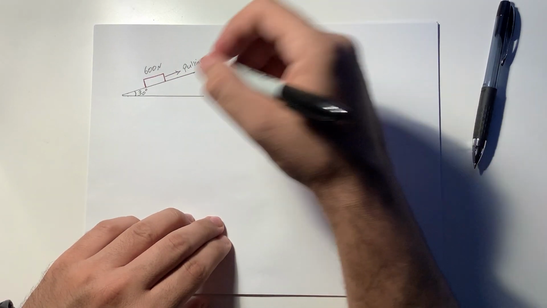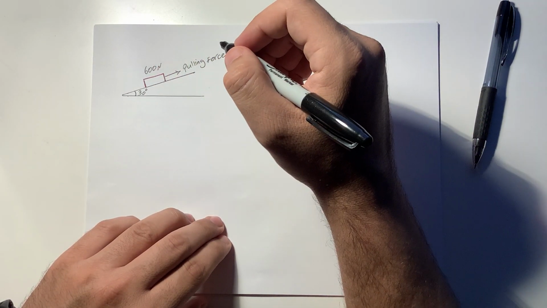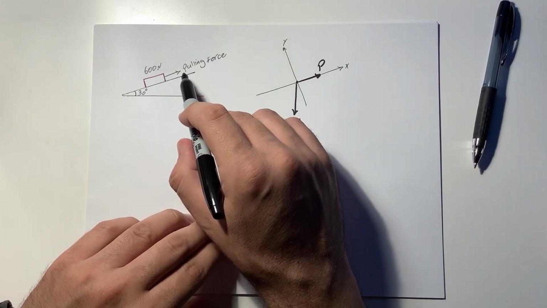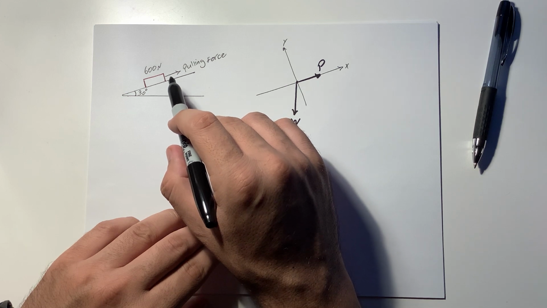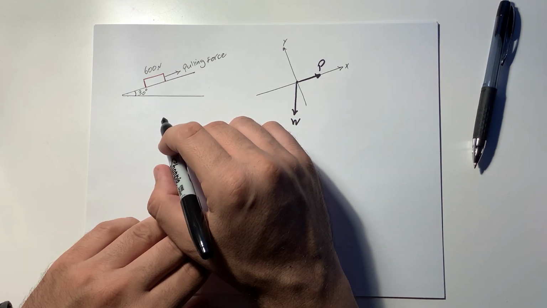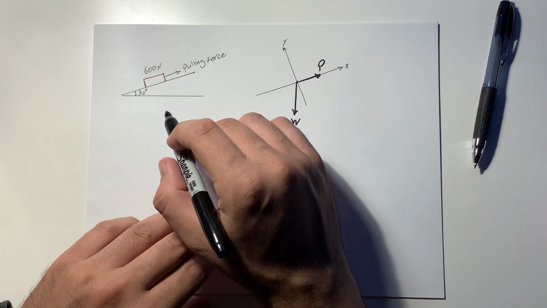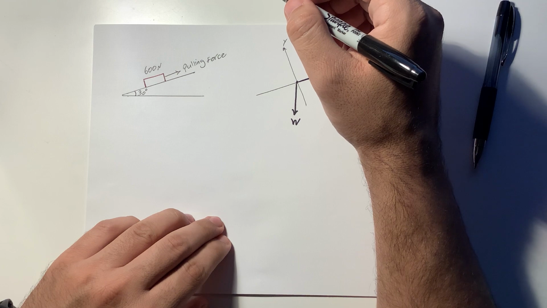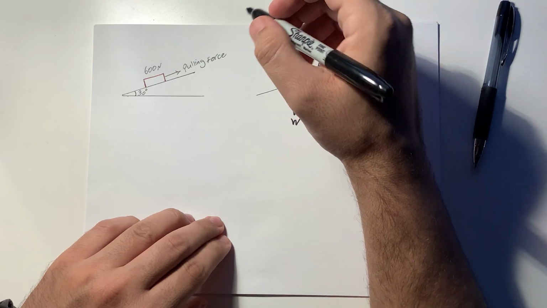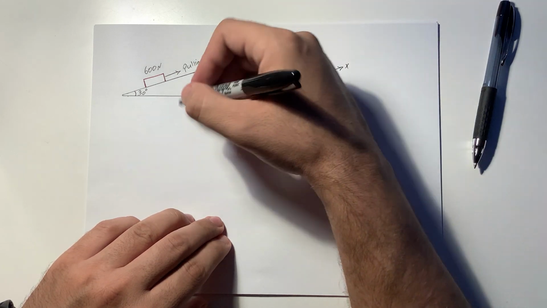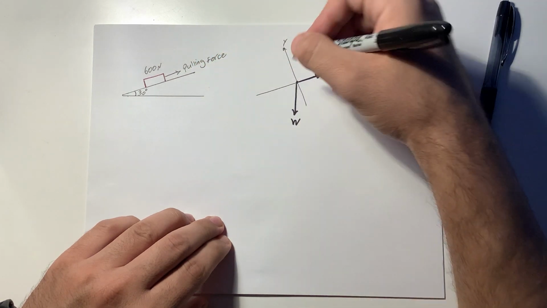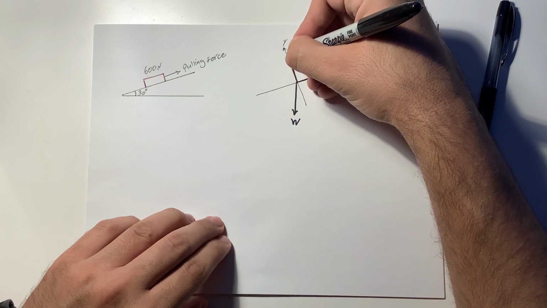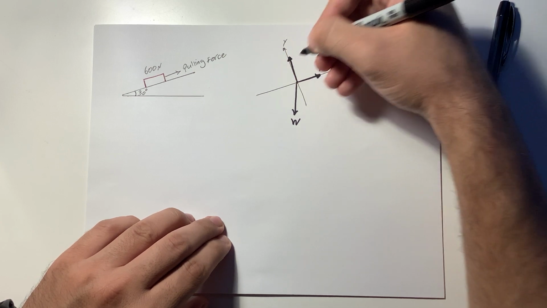There is another force acting on this object. This object is resting on this plane and it's pushing down on it. We know that Newton's third law tells us that there is an equal and opposite force pushing back. So we have another force right here pushing back.